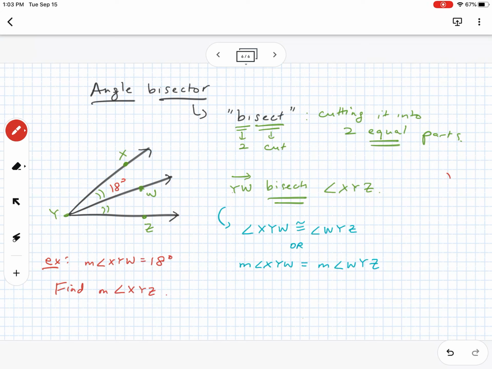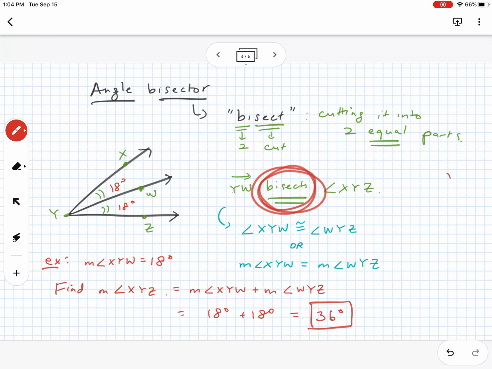So one thing we know here is that this is 18 degrees. And then the other thing we know is that since it bisects, it cuts it into two equal parts. So if that's 18, this also has to be 18. And so the measure of angle XYZ has to be equal to the measure of angle XYW plus the measure of angle WYZ, which means that it's 18 plus 18, and that tells me that the answer for this angle is 36 degrees.